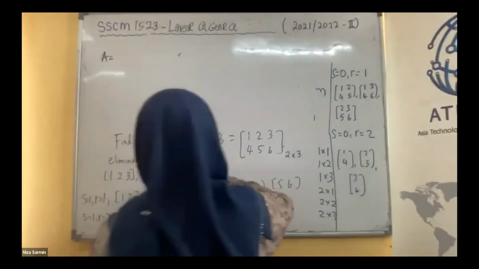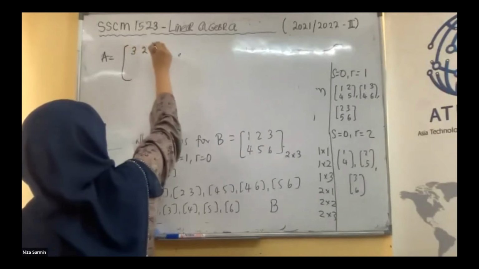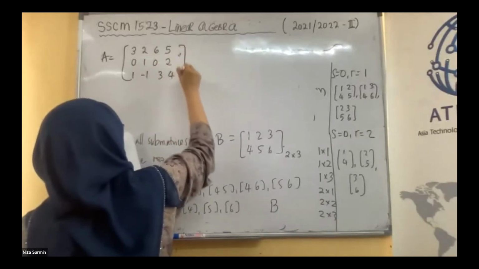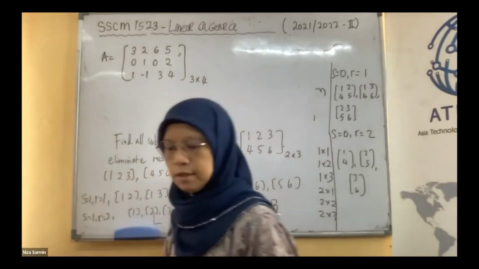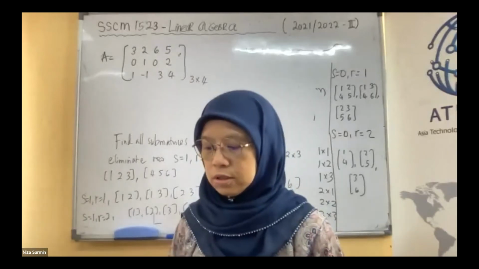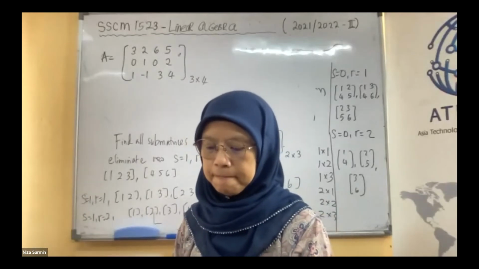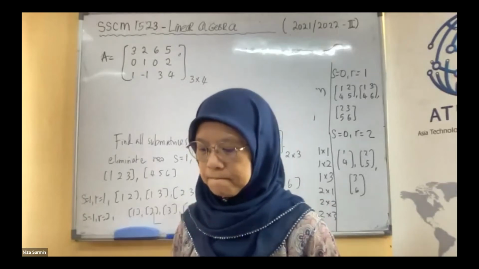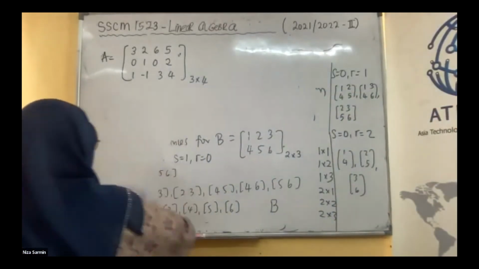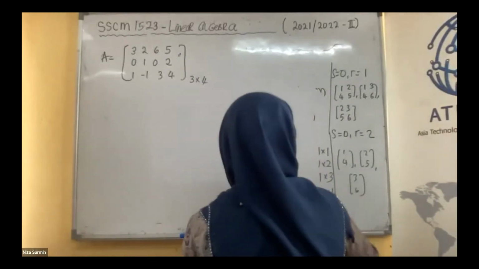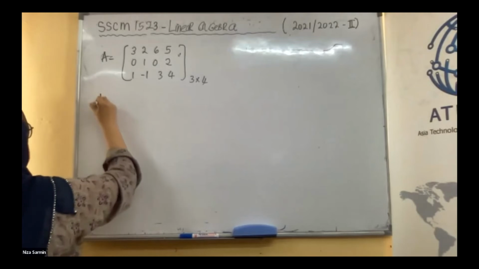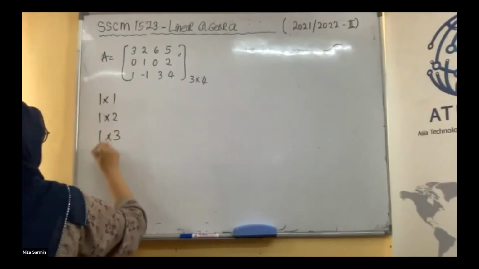Okay, question. Okay, this is 3 by 4. The question is, find all submatrices for this matrix A. So you can just have 1 by 1, 1 by 2, 1 by 3, 1 by 4.